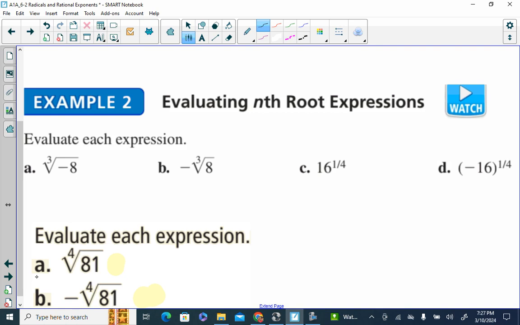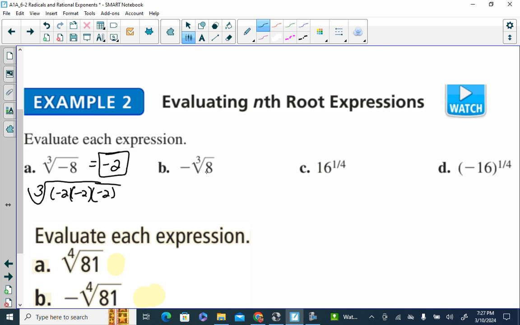So we want the cube root of negative 8. So what number used as a factor 3 times gives us a product of negative 8? So that would be the cube root of negative 2 times negative 2 times negative 2. So the cube root of negative 8 is negative 2.